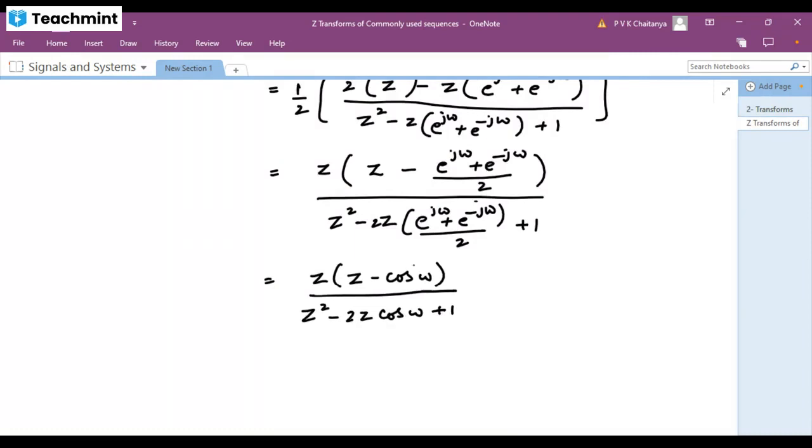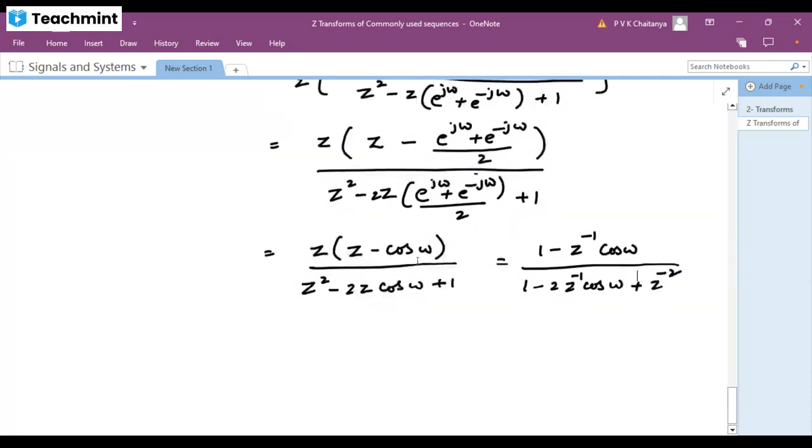Or else if I want it in terms of z power minus 1, then I can write it as 1 minus z inverse into cos omega by 1 minus 2 into z inverse into cos omega plus z power minus 2. Divide the numerator and denominator with z square and you will get that. So here also the condition is mod z greater than 1.